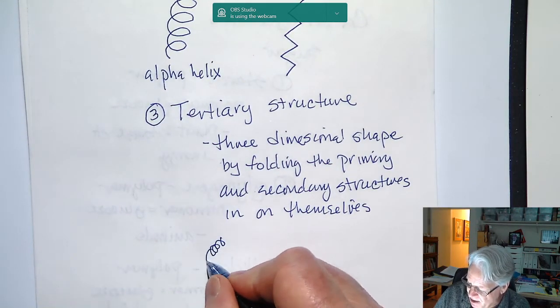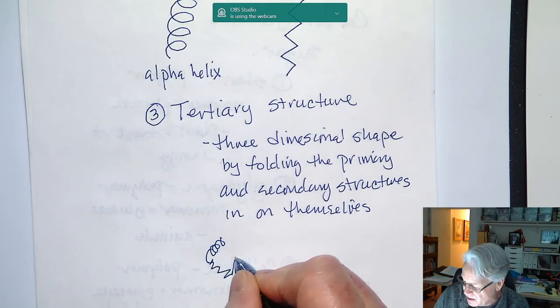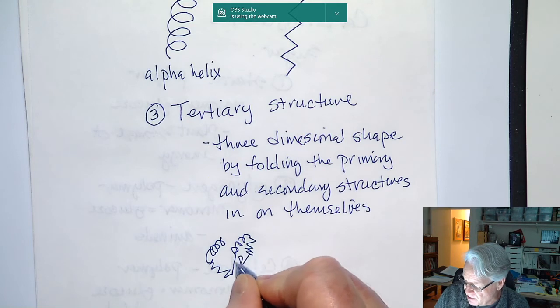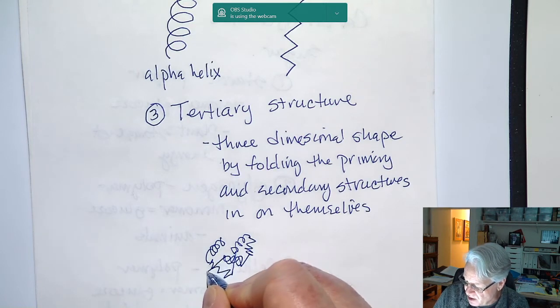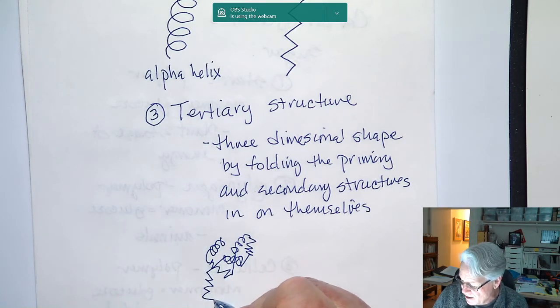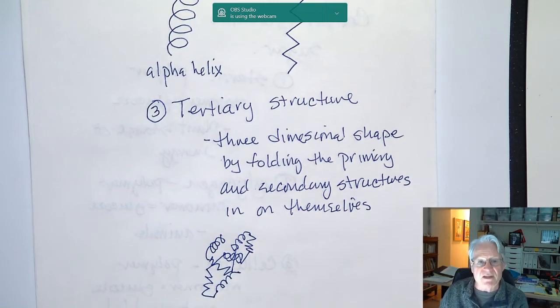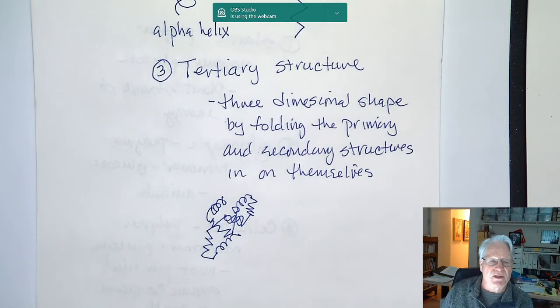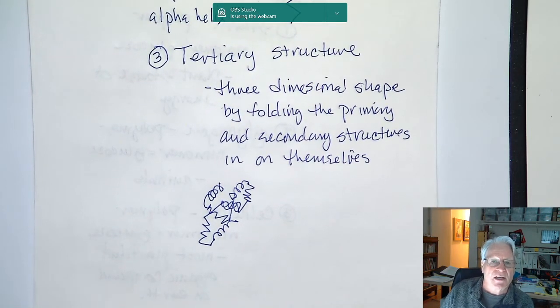Here I have my helix, pleated sheet, and then another helix, and then pleated sheet, and then another helix, and I create this three-dimensional shape using the first two structural levels to create a three-dimensional object.